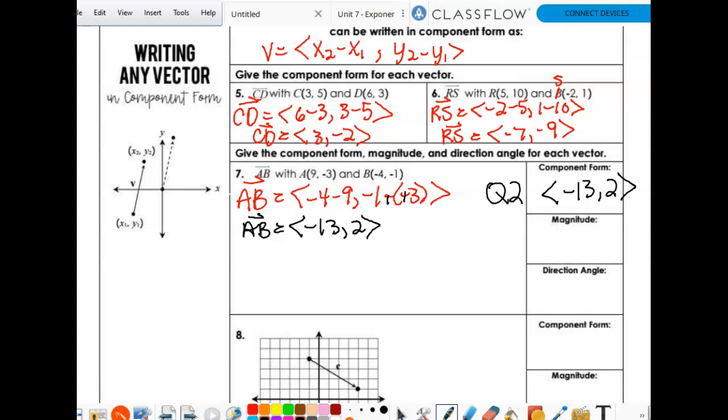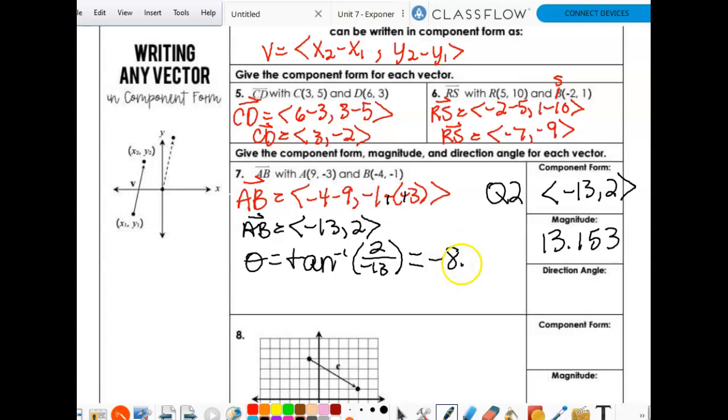The magnitude? I got 13.153 for the magnitude. And then the inverse tangent of 2 over negative 13 was negative 8.746, which puts me here.